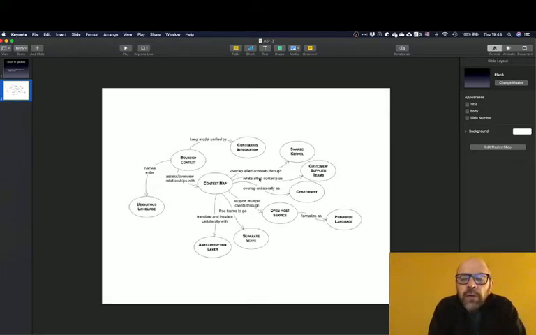And here the focus is really on the integrity of the domain model. So we want models that are uniform.